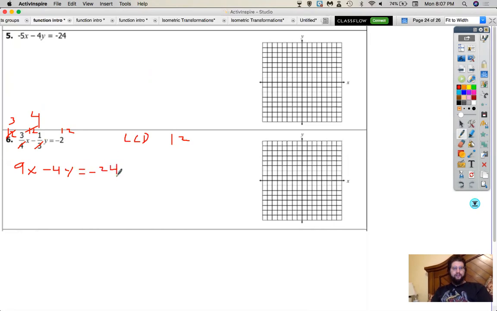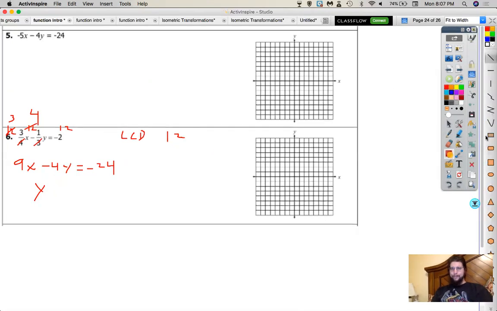For my y-intercept, x is going to be 0. So take your hand and cover up the x's, just the x's. Pretend this thing isn't there.